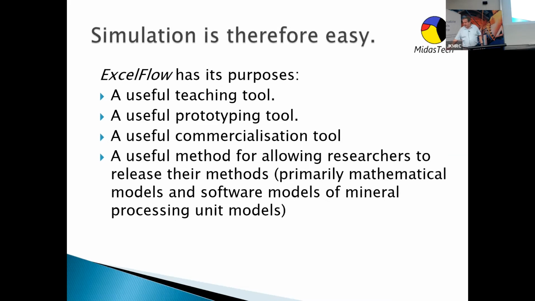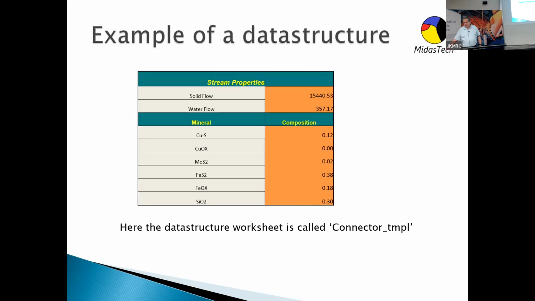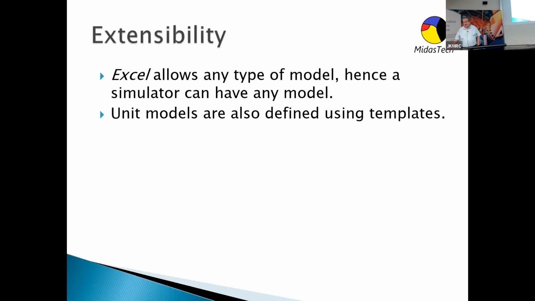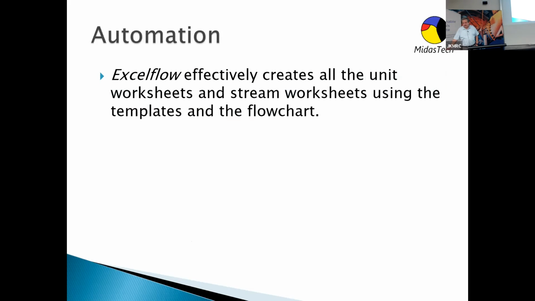So where you have the flowchart, let's go back, it interrogates that flowchart and works out the connections between connectors and shapes, and then it applies those connections to the new worksheets and the new units, and the simulation is completed. Now there's lots of other options, but that's basically the guts of it, and I'll show an example in the MP4 player video.